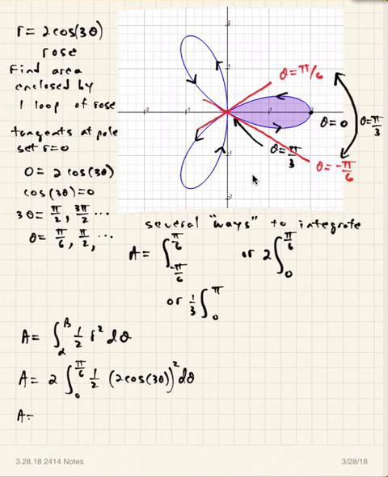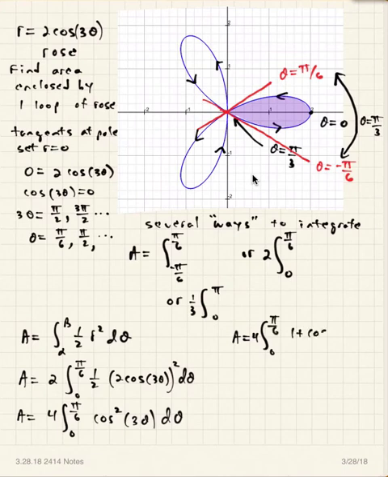So you end up with the area to be 4 times the integral from 0 to pi over 6 of cosine squared of 3 theta. And then here's where you'd use our identity again, and you'd have area to be 4 times the integral from 0 to pi over 6 of (1 plus cosine of 6 theta) over 2 d theta, because it's a double angle identity.